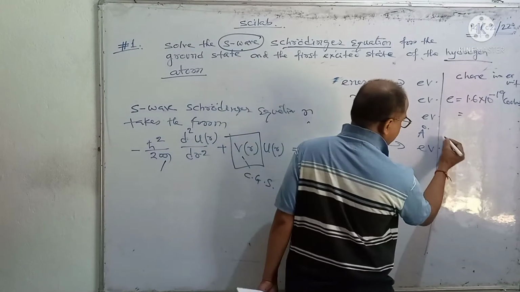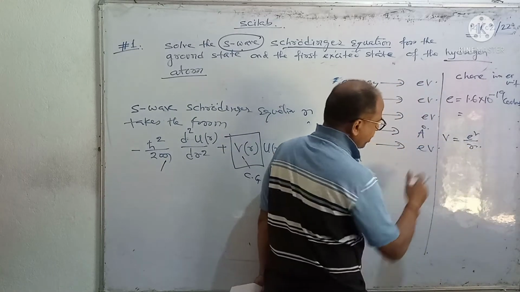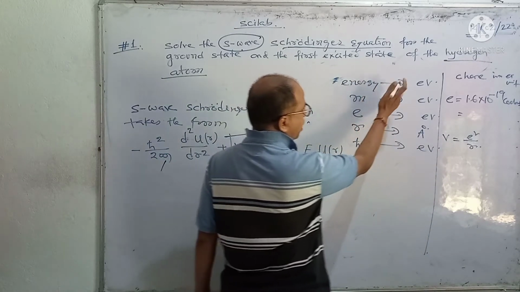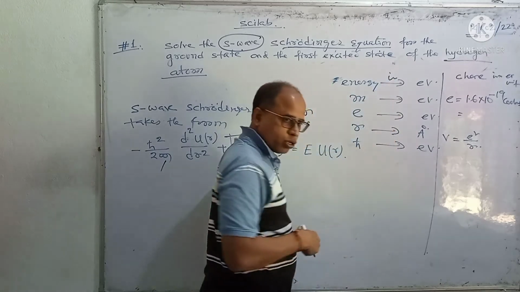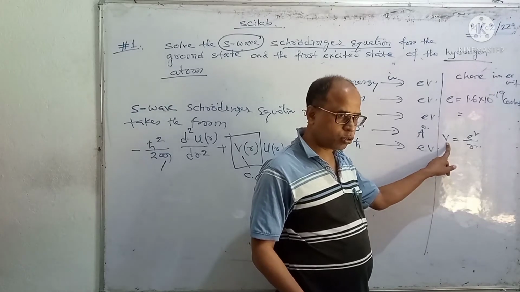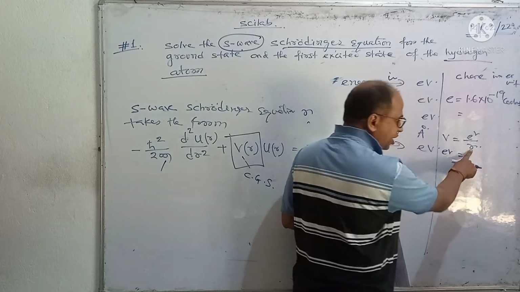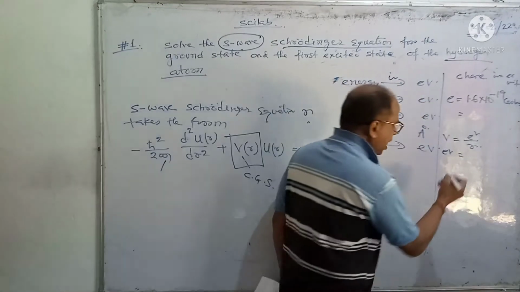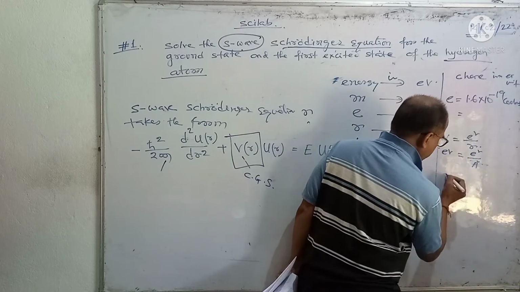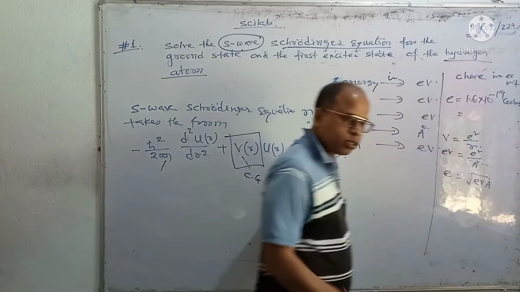From the potential energy expression, we know V is equal to E square by R. Now, if V is taken in electron volt, I already told energy must be taken in electron volt. Therefore, this is the potential energy, so it must be in electron volt. Okay. Therefore, if this is electron volt and R is in angstrom unit, then E square by R means electron volt angstrom. Therefore, electric charge unit will be electron volt angstrom.